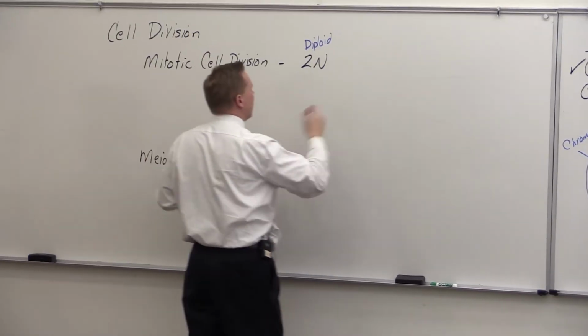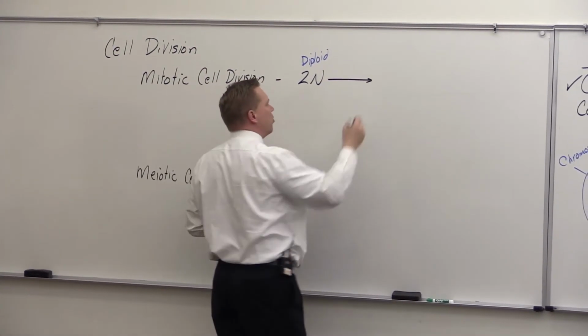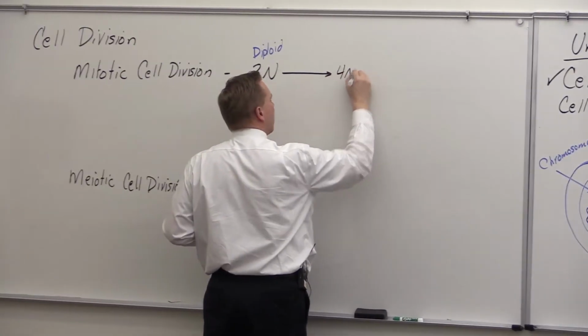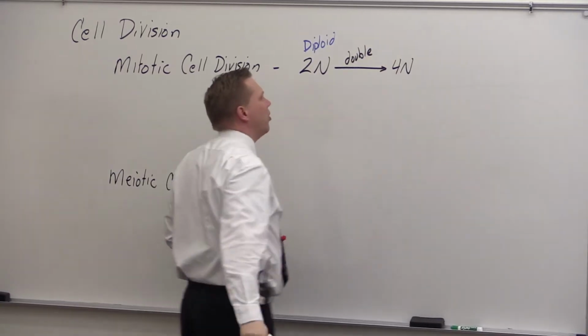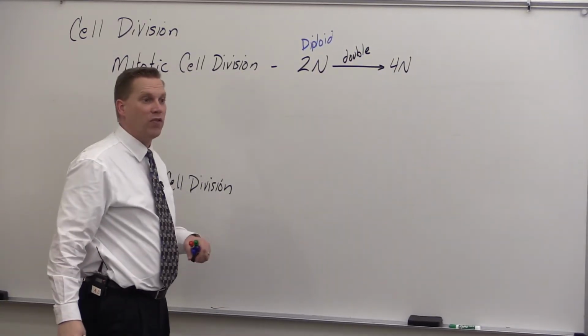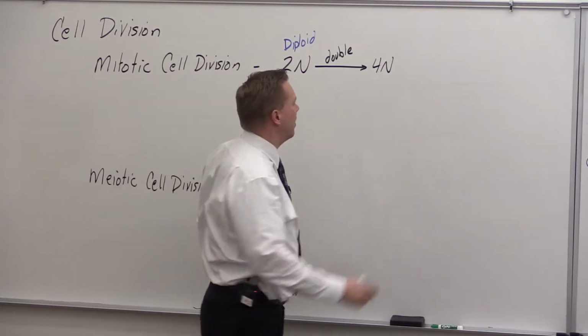And in mitotic cell division, we're going to go from 2N to 4N. We are going to double or duplicate those chromosomes. And so we'll get twice the amount of DNA, and that's why we now have a 4N cell.